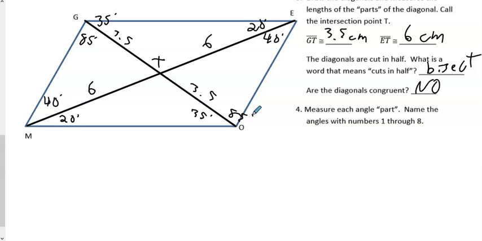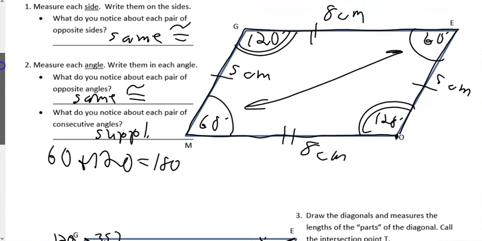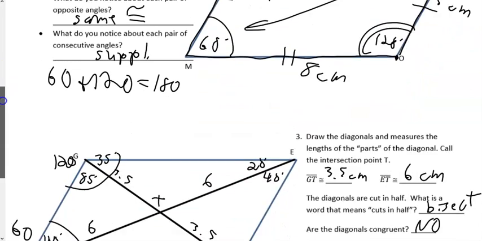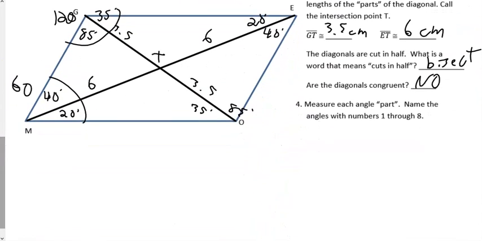Now, just for interest's sake, 40 plus 20, what's that? 60. 35 plus 85, guess what that is? 120. Look familiar? It's the same shape, we just added diagonals. And opposite angles are equal. Moving on.